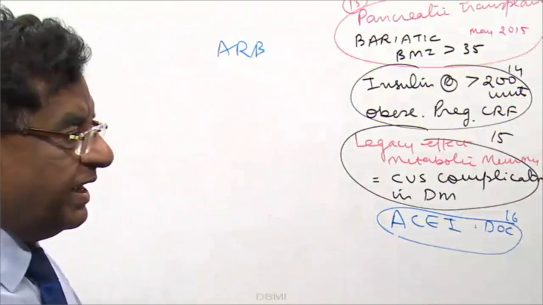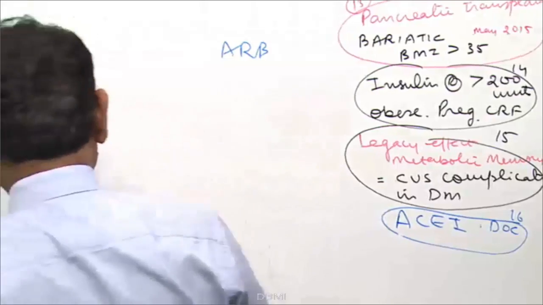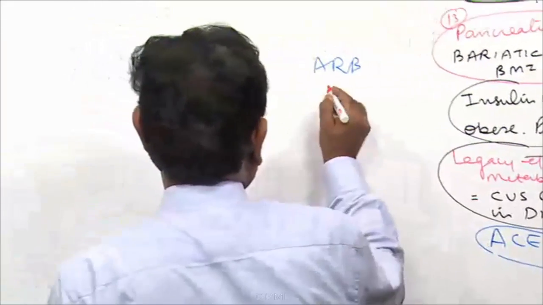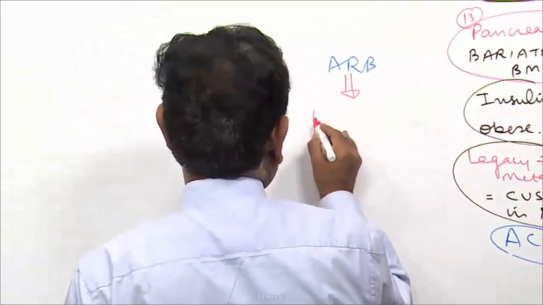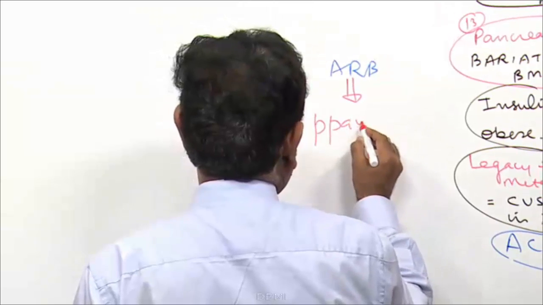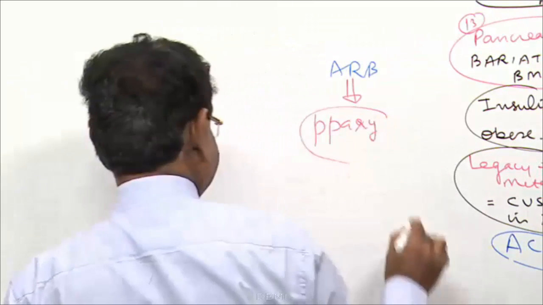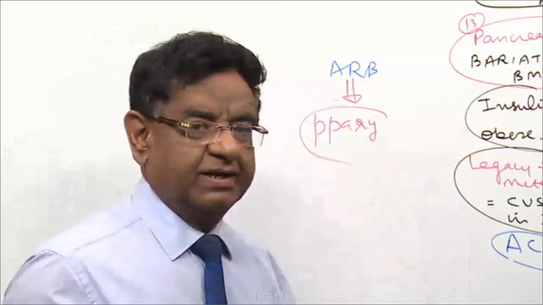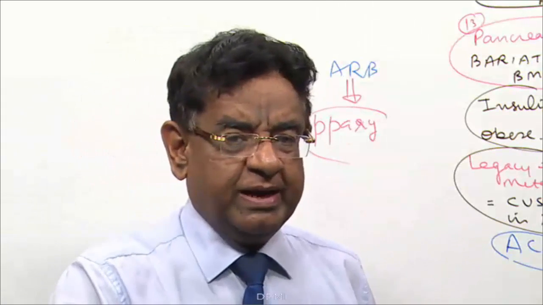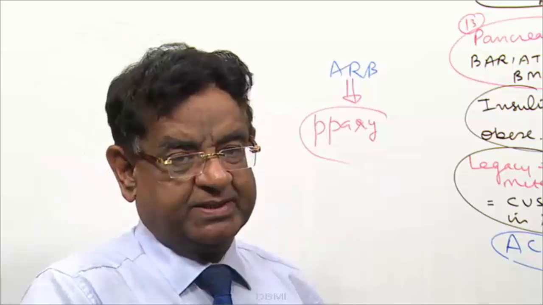We have only one ARB, an angiotensin receptor blocking drug, which acts on the PPAR gamma receptor. We know very well that glitazone acts via the PPAR gamma receptor.